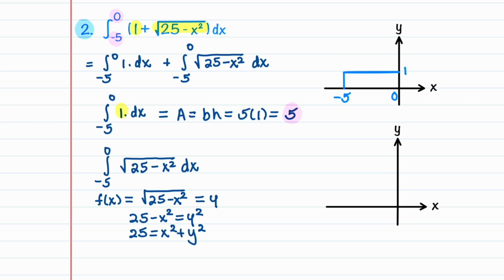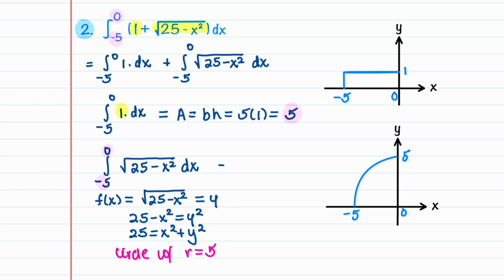So this is a circle with radius equal to 5. Notice now that we are integrating from -5 to 0. So we actually have 1/4 of a circle. And that circle looks like this, where this point is -5, and this point up here is 5, and that's 0.